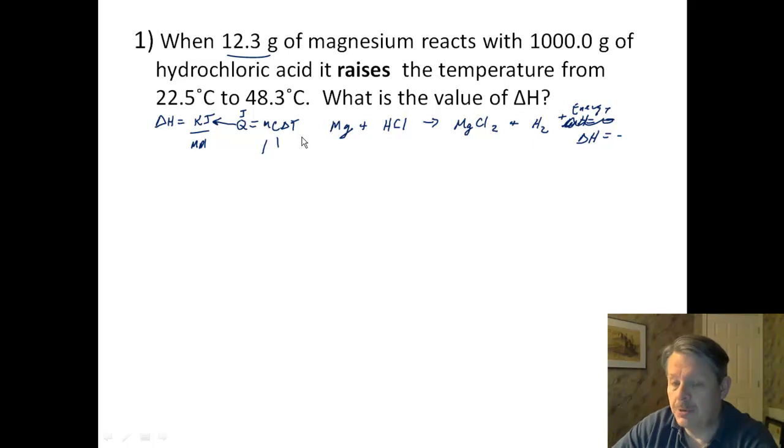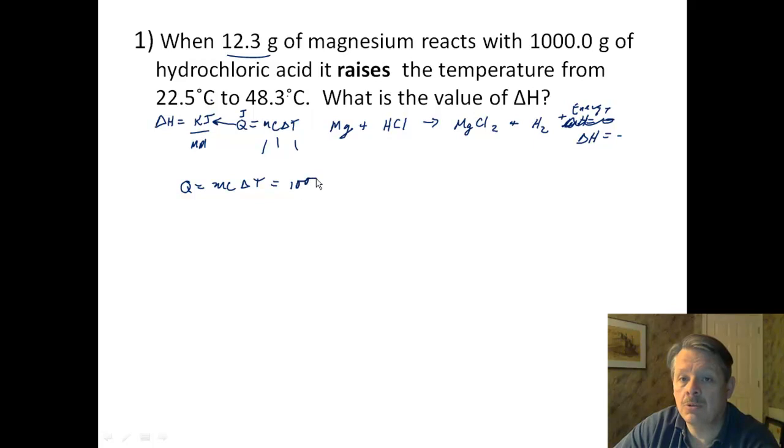And our temperature change is these two numbers subtracted from each other, and that's 25.8. All right. So the first thing we do is we say that Q is equal to mc delta T. So that's equal to our mass, which is 1,000 grams of water, and our specific heat is 4.18 for water, and our temperature change is 25.8 degrees Celsius.